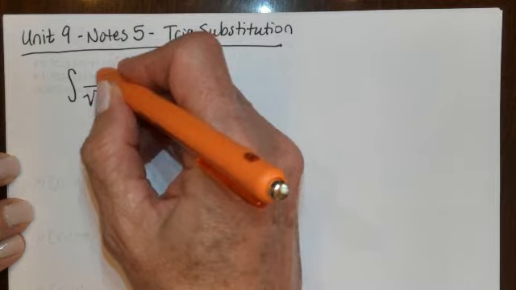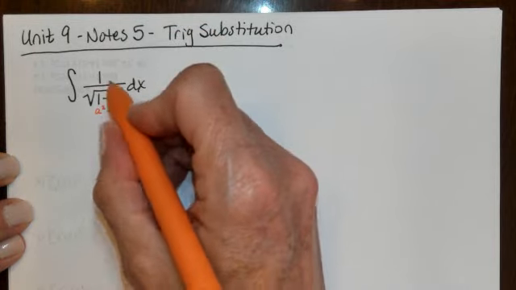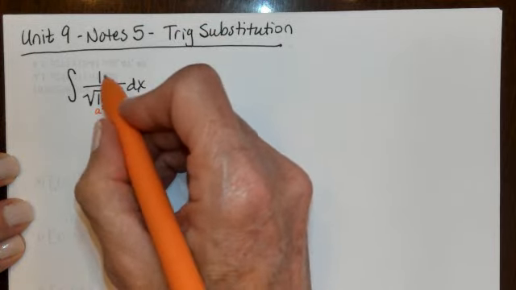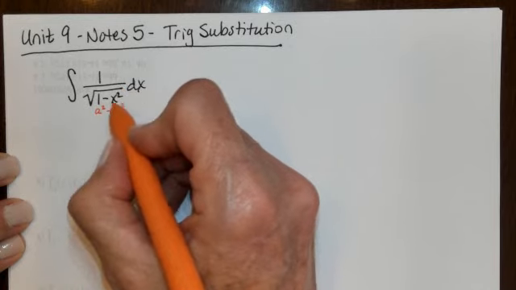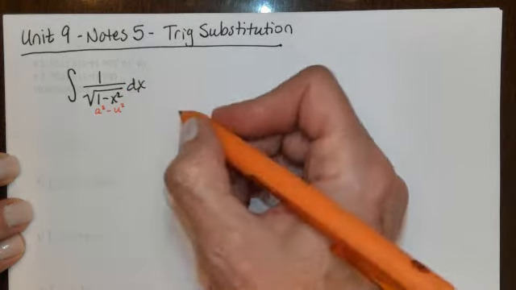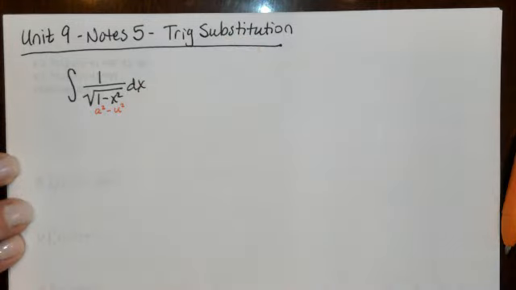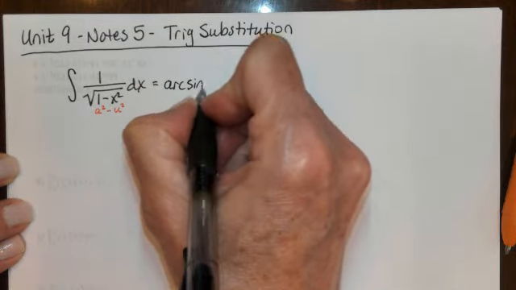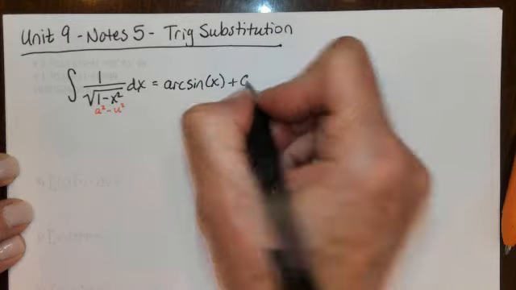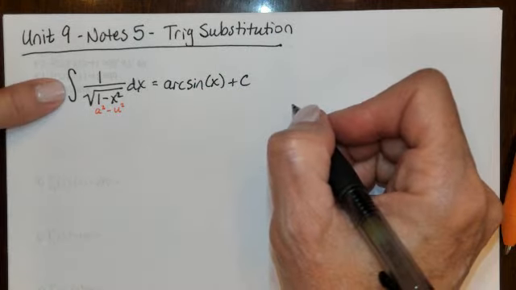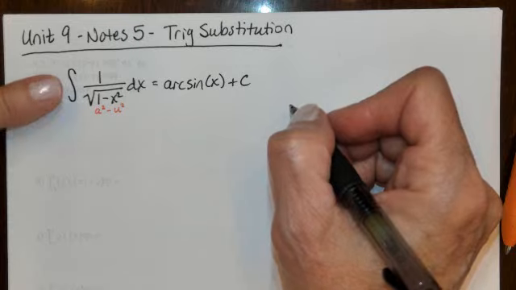And up on top, we either have the derivative of u or a form of the derivative of u, so a number if it's just a plain x squared term. So this is our most basic arc sine, where this is just arc sine of x plus c, right? So we can't forget that.